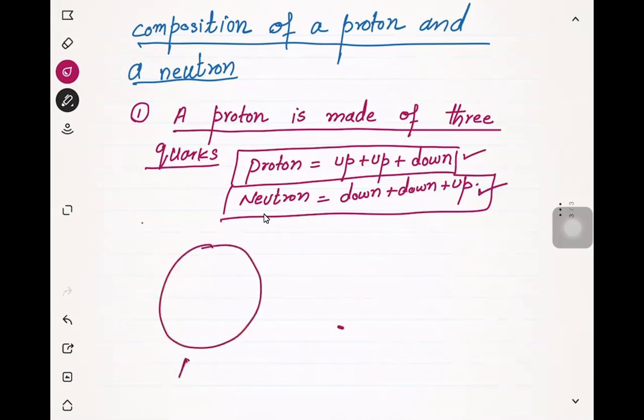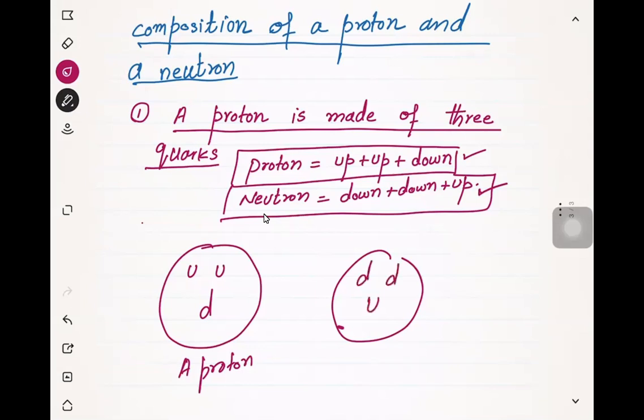A proton has two up and one down, and a neutron has two down and one up. So this is the composition of a proton and a neutron.